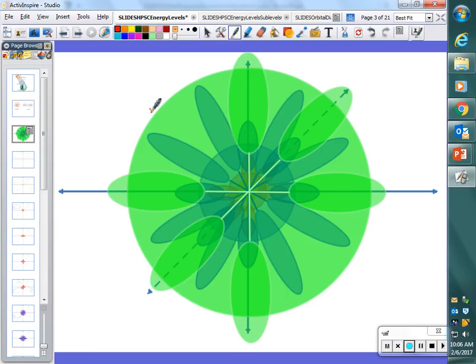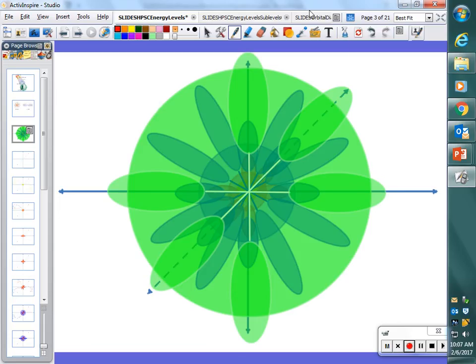Just like in a new development, Eric, right? We build a street, we build a bunch of houses. Just because the houses are there doesn't necessarily mean families are living in them yet, right? We have to build up to all the families living in those houses. Does that make sense? These are the houses, electrons are the people that live in those houses. Okay? All right, good so far?